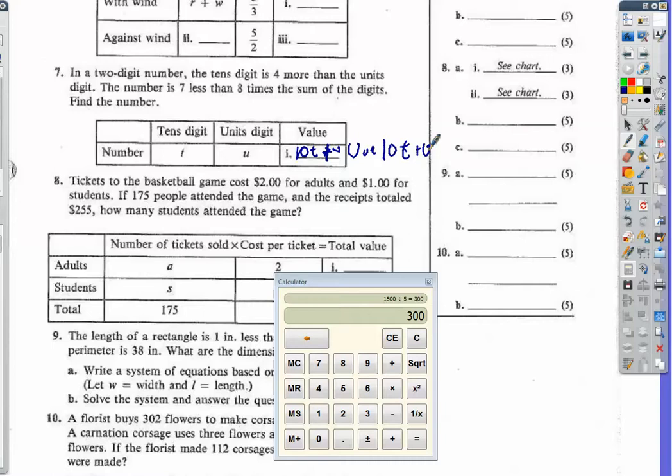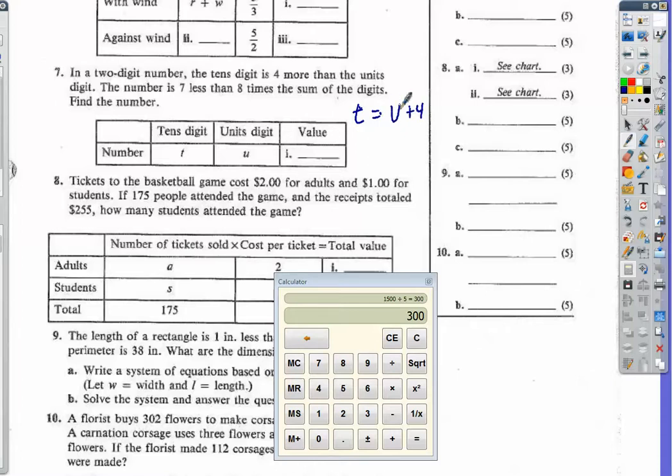All right, so that is what should go in here. So then let's write out our equations. I'm going to erase that to give myself some more room. So two-digit number, the tens digit is 4 more. So tens digit, t, means equals, 4 more means plus 4, units digit. So I have one equation.